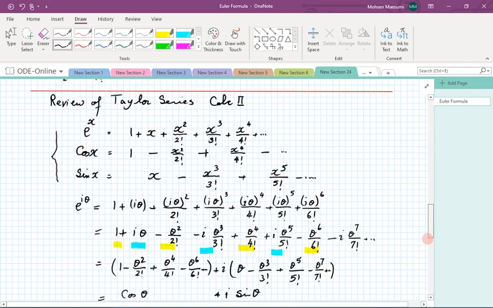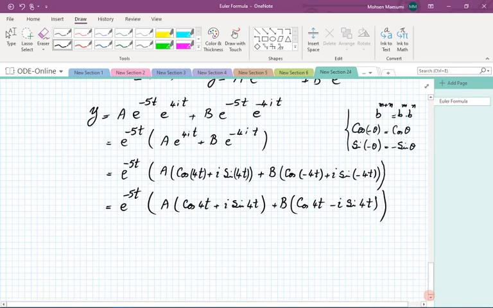So what we have here, okay, let's collect my cosines and collect my sines, see what happens. So exponential of minus 5t, a plus b times cosine of 4t. Then I'm going to put sines in one basket.